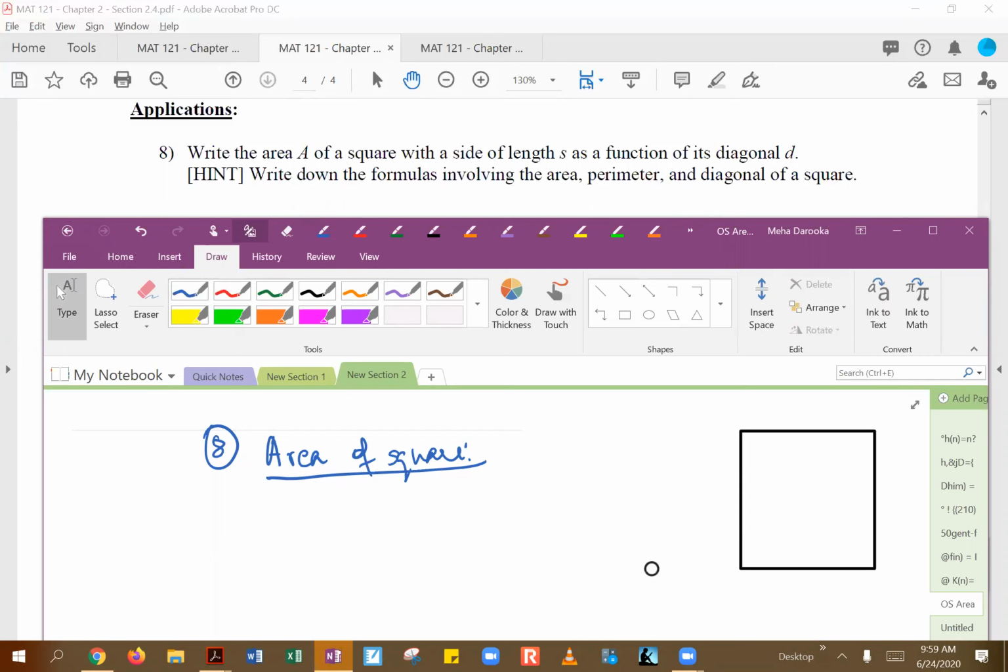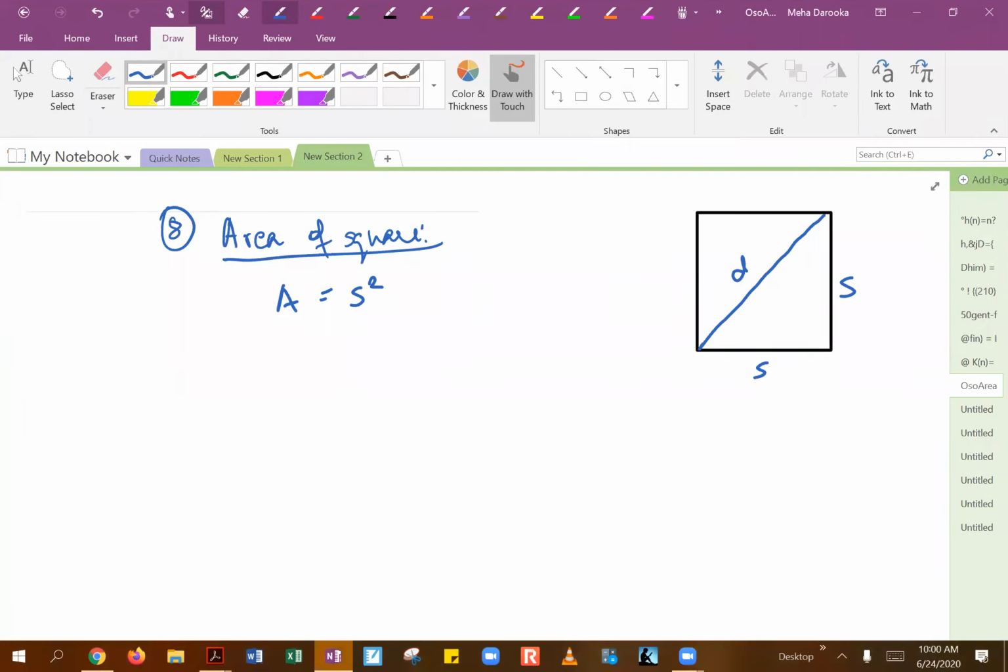So our length for the side is S. And then your diagonal, they're telling us, is D. Yeah, very nice, Audrey. It is side squared, so you can basically say the area is side times side, or side squared, okay? What is the perimeter of a square?